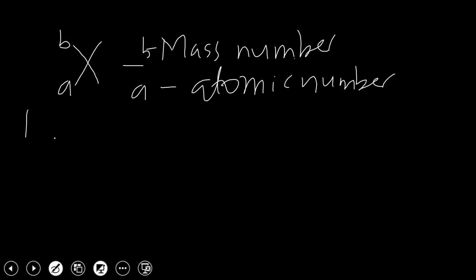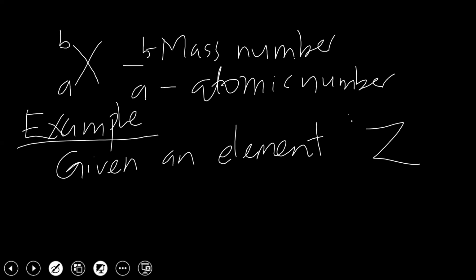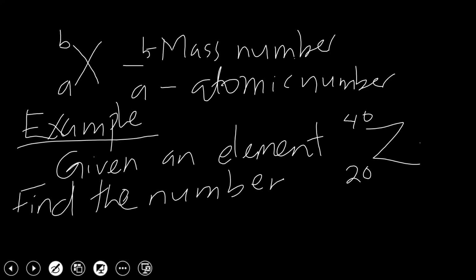Now, given an element Z with the number up as 40 and the number down as 20, find the number of neutrons.